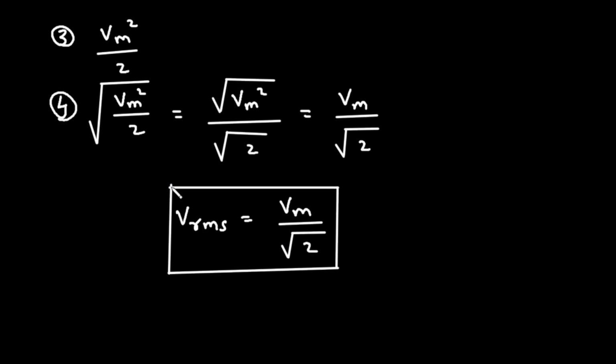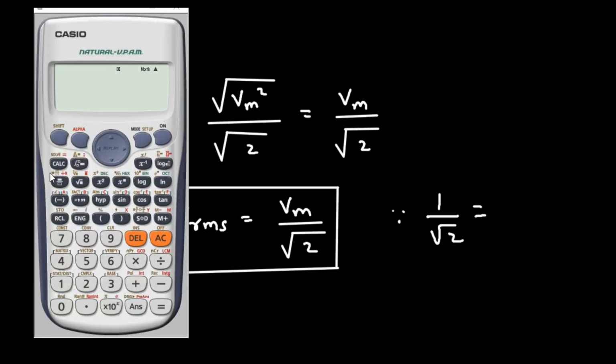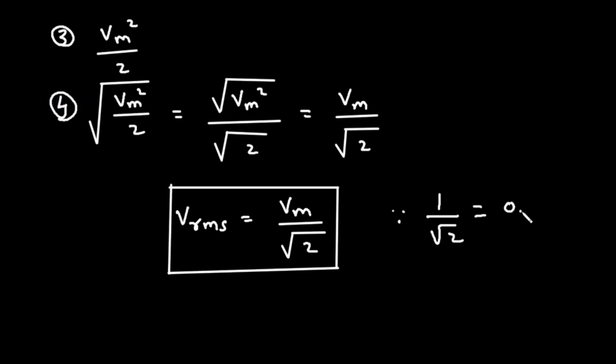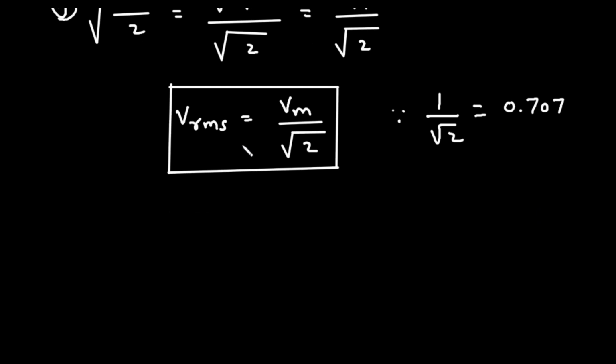Now here we can also see that 1 divided by root 2 is nothing but 0.707. So we can also write VRMS is equal to 0.707 into Vm.